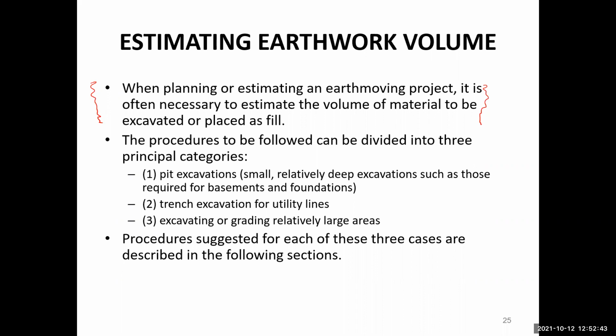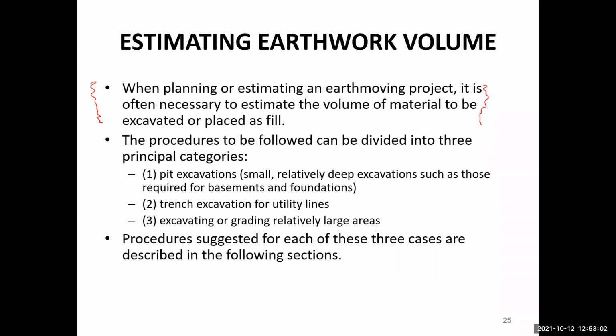And when that land is leveled, then we can place the buildings and the runways on that airport site. So what will be the amount of the earth that will be moved? That needs to be estimated very accurately.